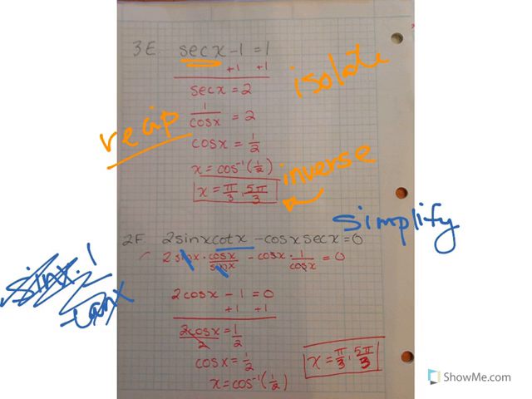I want to use cosine over sine. You might have to do a little trial and error, but this way we simplify down to 2 cosine of x. Both cosines cancel out over here, left with 1. Then we isolate. We didn't need to take the reciprocal, but we did need to take the inverse. And finally, we get our answers here, pi over 3 and 5 pi over 3.